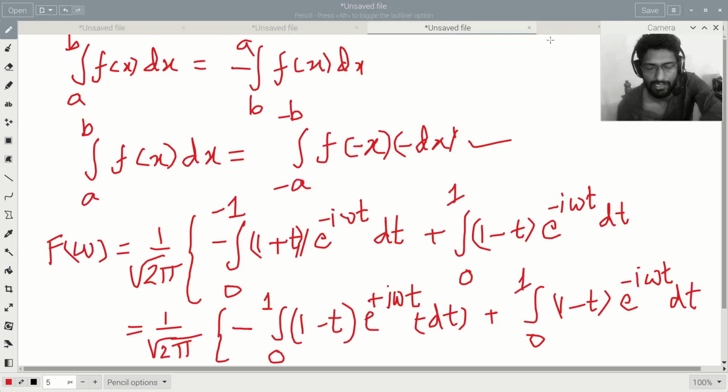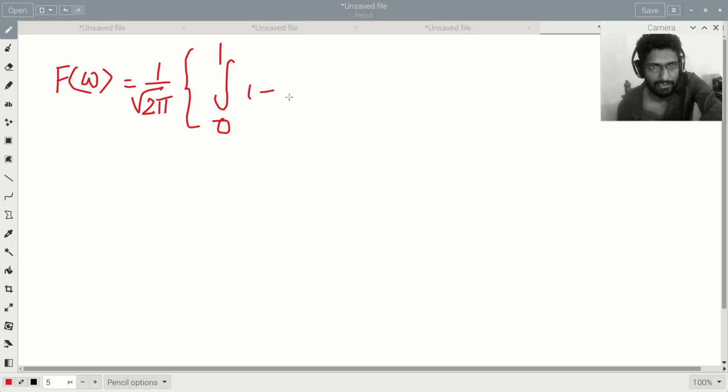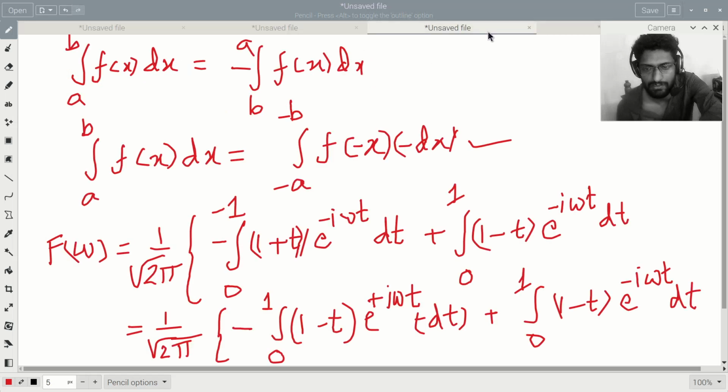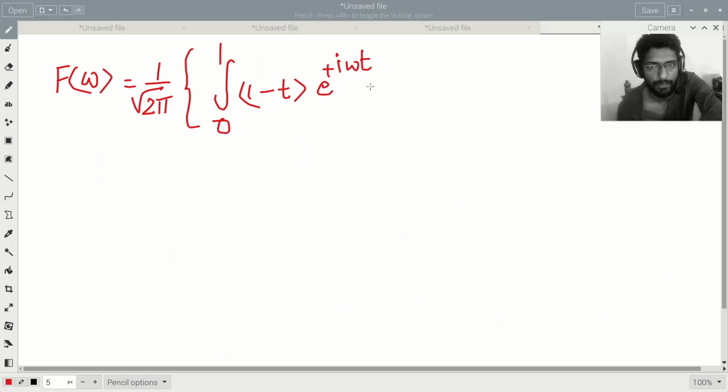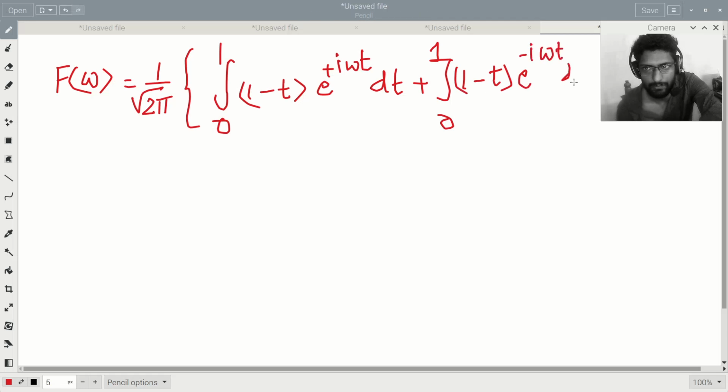Then change that 1 minus t, e raised to plus i omega t dt. Now the second integral, 0 to 1, 1 minus t, e raised to minus i omega t dt. Now you see the limits, both integrals have the same limit, 0 to 1 here, the second part also 0 to 1, and we can write it together.